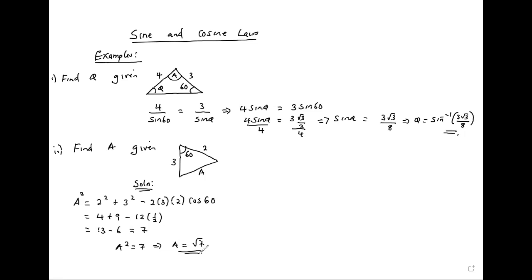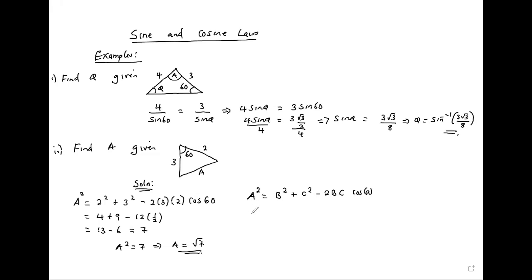This is when to use the sine law or the cosine law. Can you explain how you came about with the formula? The formula is a squared is equal to b squared plus c squared minus 2bc cos A, where A is the angle inside.